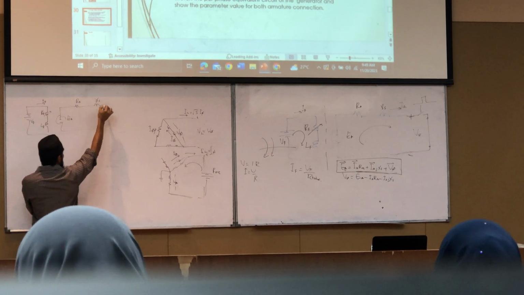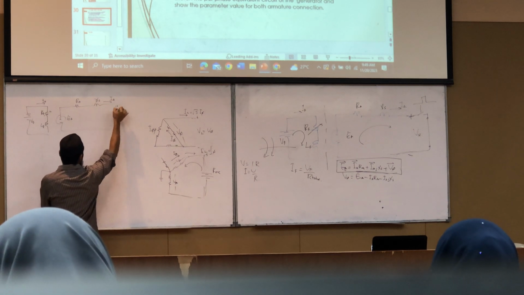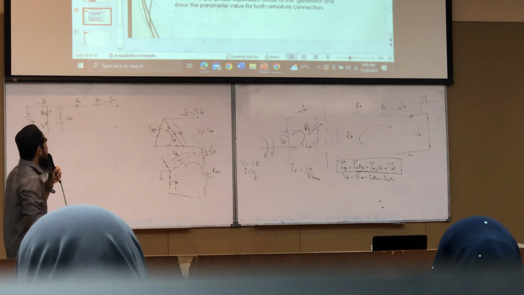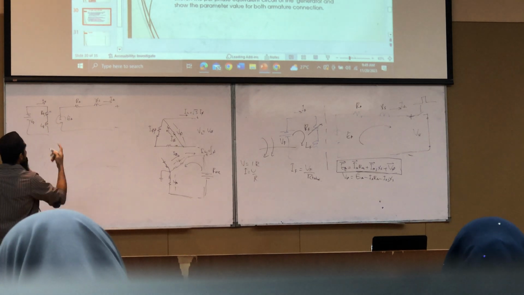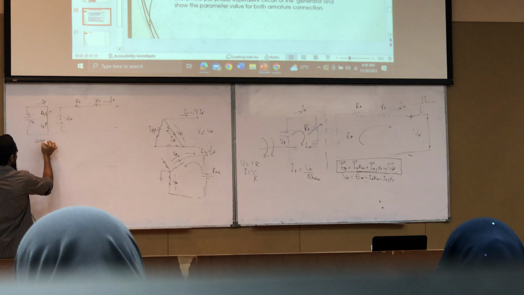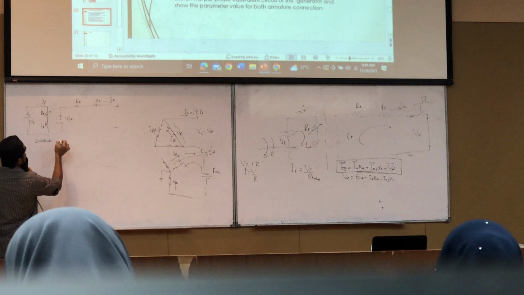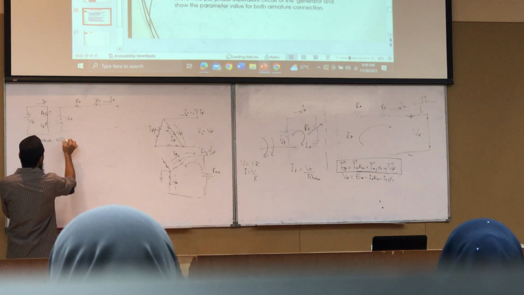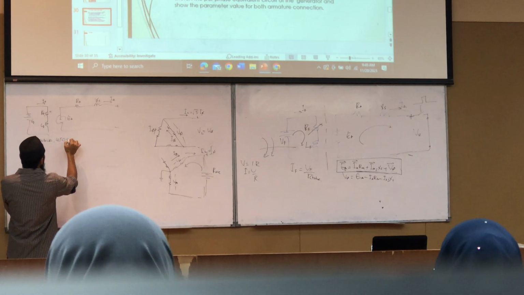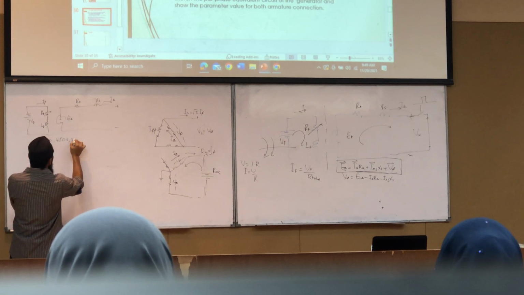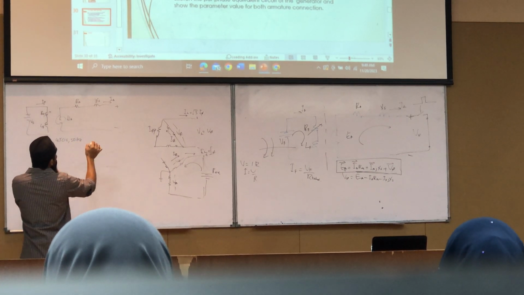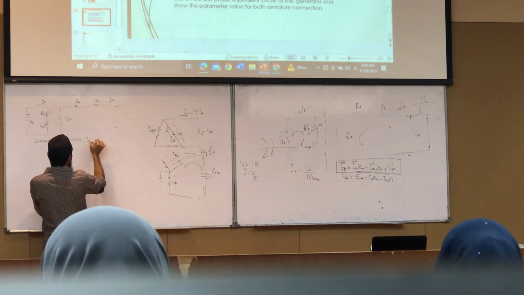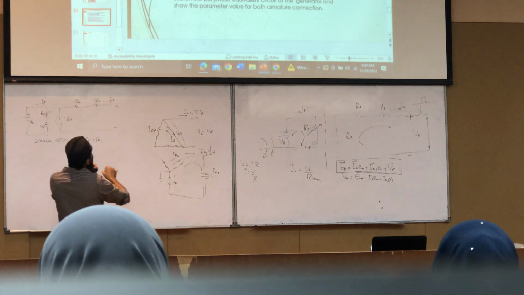So this is your IA. That's all. You draw the circuit and jot down all the given data, 200 kVA, so later you don't have to refer to the question again. You just refer to whatever you have noted. 480 volt, 50 hertz, 5 ampere.